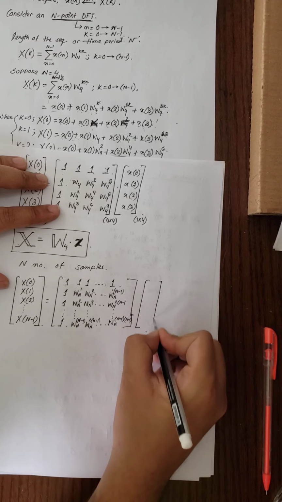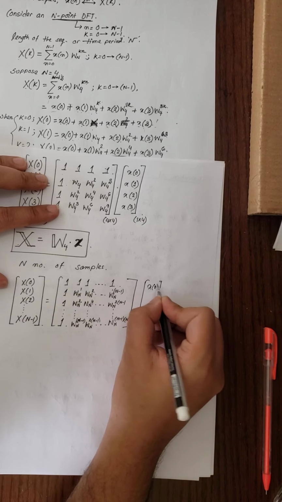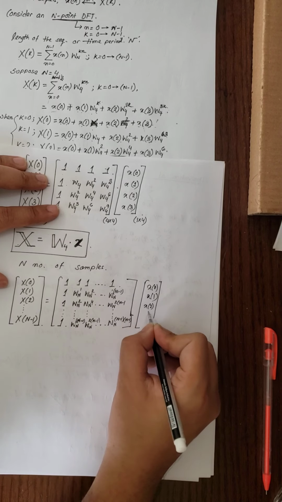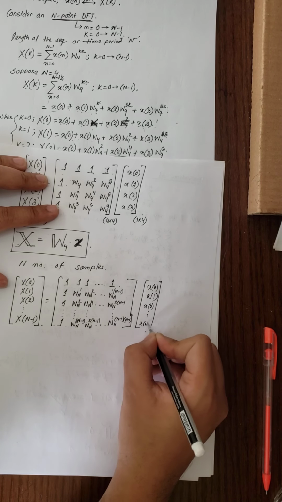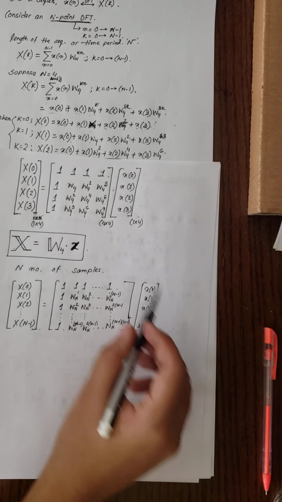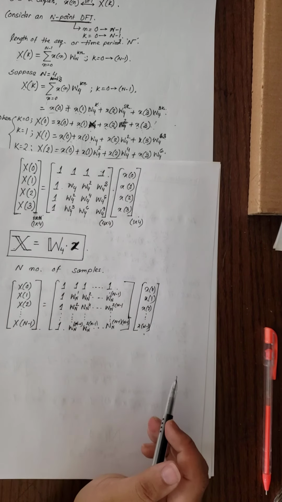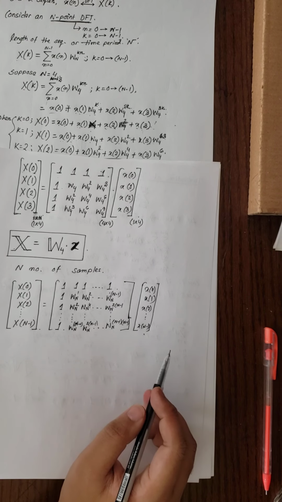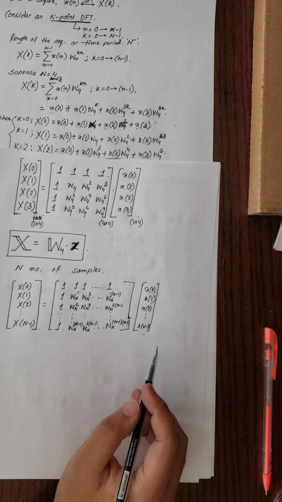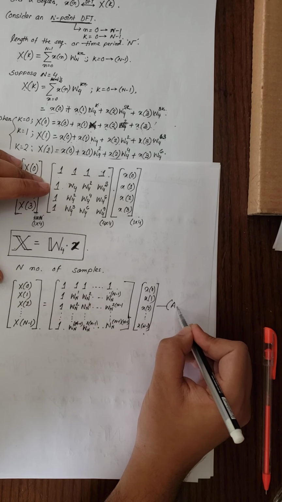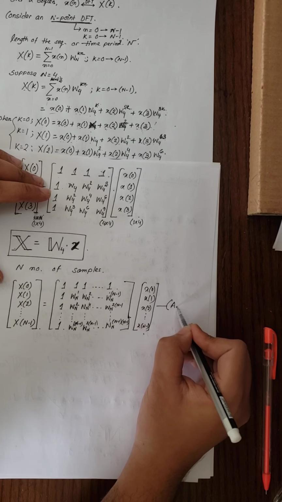Which is multiplied with the time domain signal x of 0, x of 1, x of 2, which goes to x of n minus 1. So this is the generalized form of the DFT in matrix form. Let us mark it as equation A2.